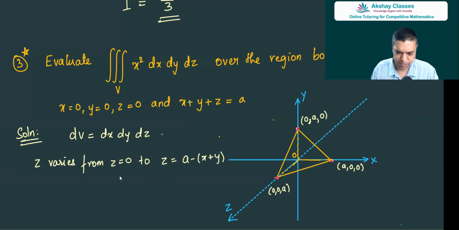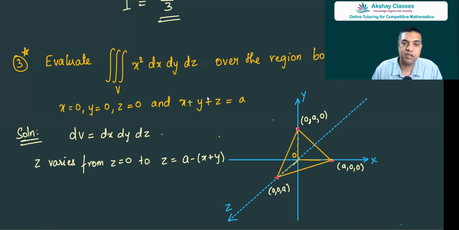So z is a function of x and y. So z is taken care of. Once z is over, z varies from 0 to this. Once z is over, then y. Okay. Now y will vary.